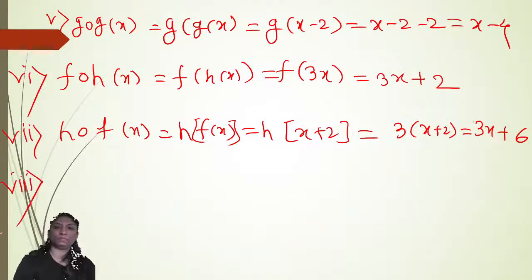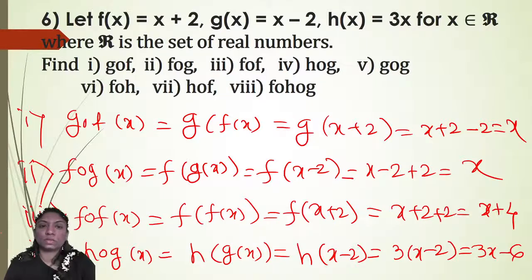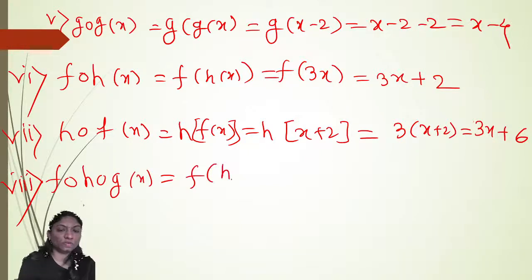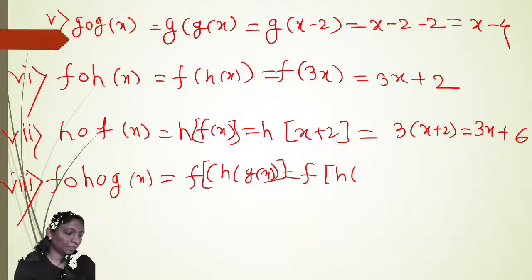Eighth one, f composite h composite g of x. So f of h of g of x. Right? So g of x is x minus 2.